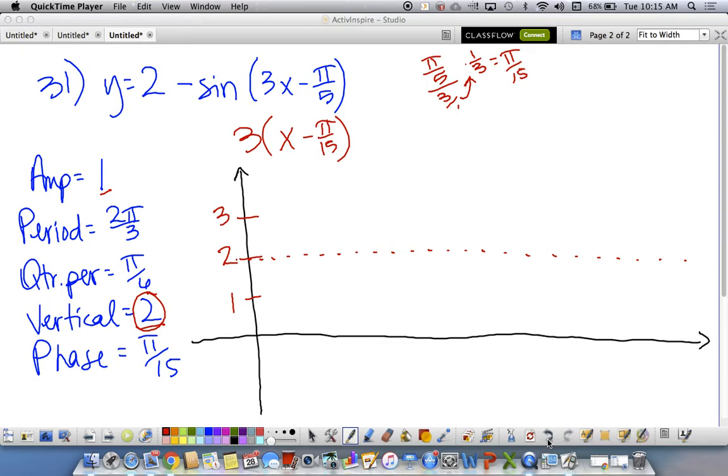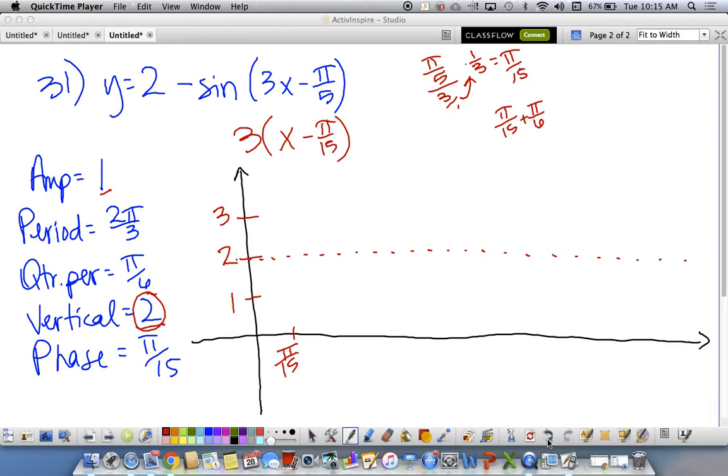Next, phase shift. Where do we start on our x-axis? Pi over 15. Okay, what are we adding to our phase shift? Pi over 6. So what is pi over 15 plus pi over 6? 7 pi over 30. Question is, what are your common denominators?